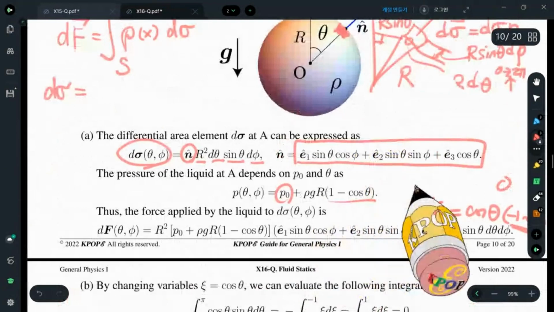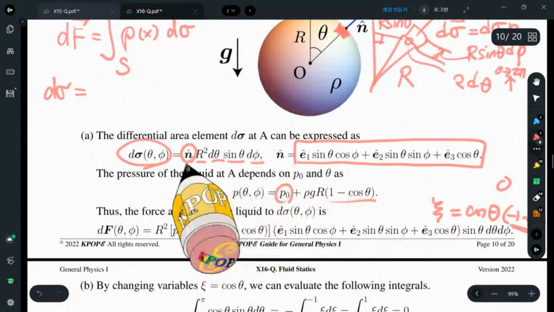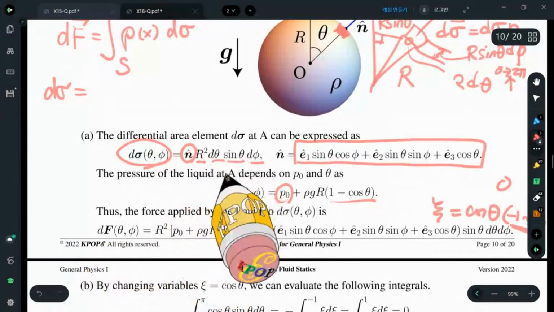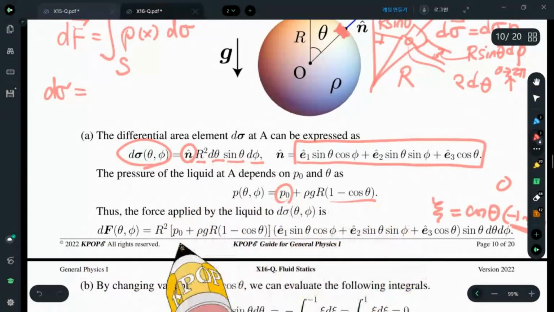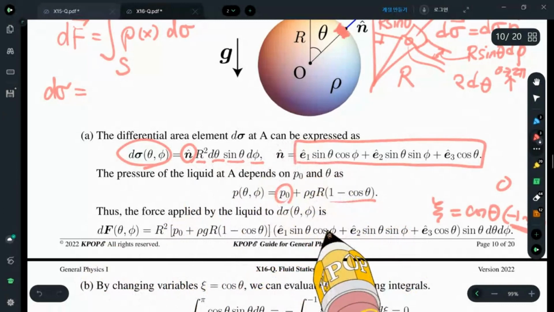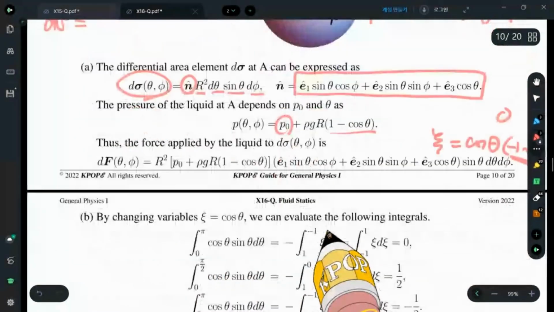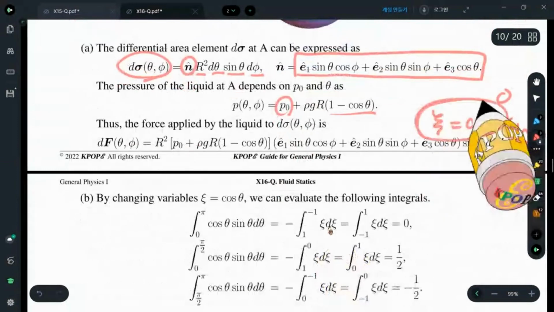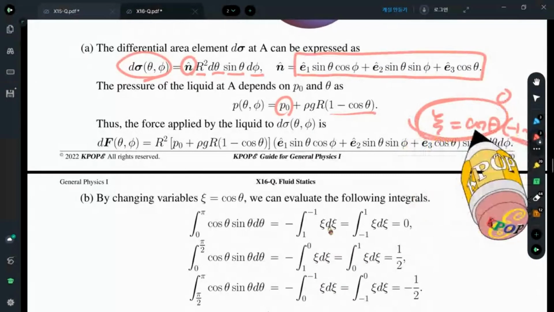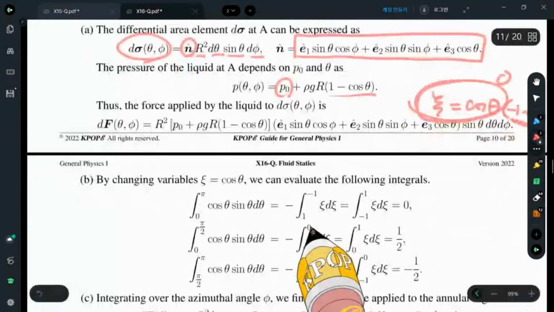Using this value, I can substitute these into dF: r squared, the pressure is here, and the unit normal vector is here. Now, it's better to replace cosine theta with c.